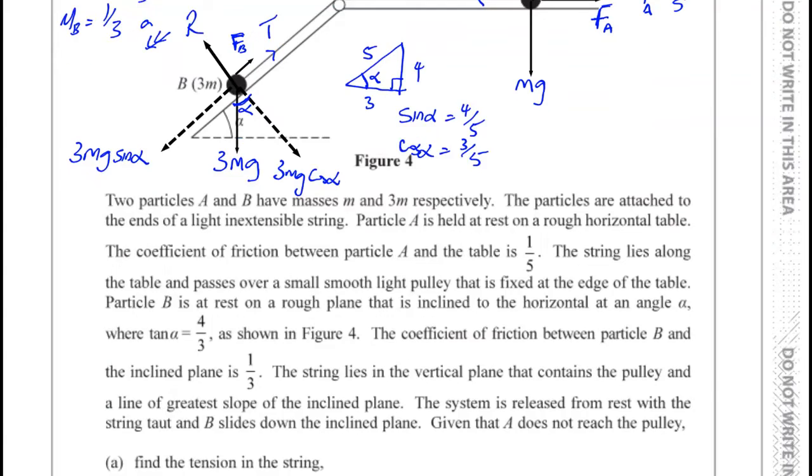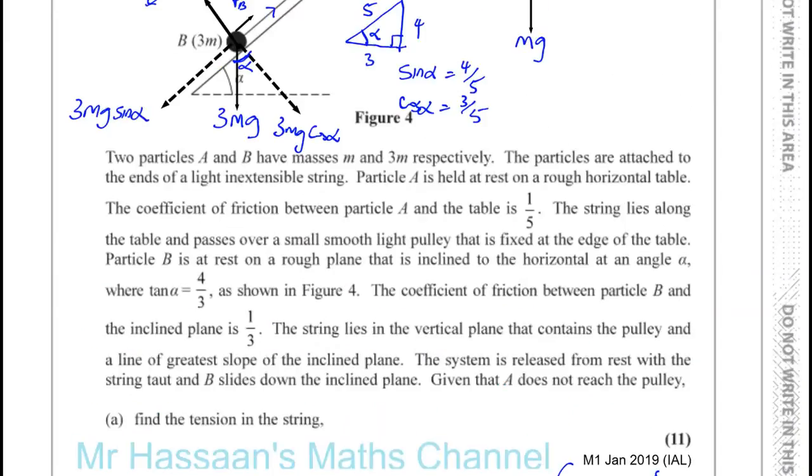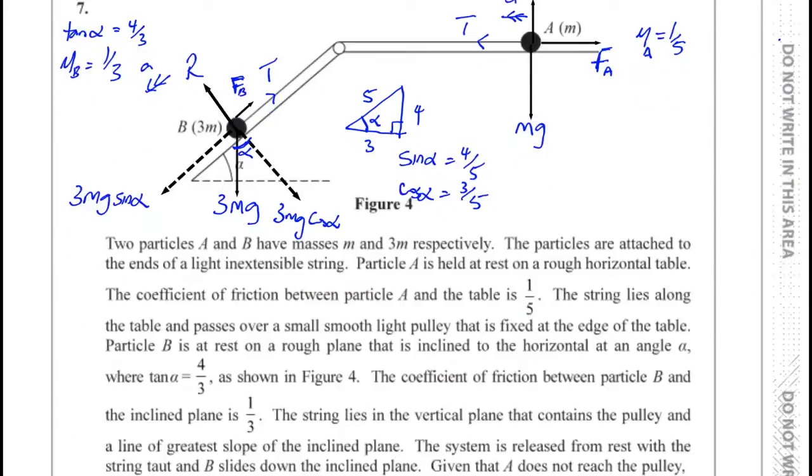What I can do here is find out what FA is, because we know that it's moving, so the frictional force is equal to the maximum value, which is mu R. As it's moving, friction has reached its limit. So we're going to resolve perpendicular to the plane to find what R is. In this case it's pretty simple. R is equal to mg.